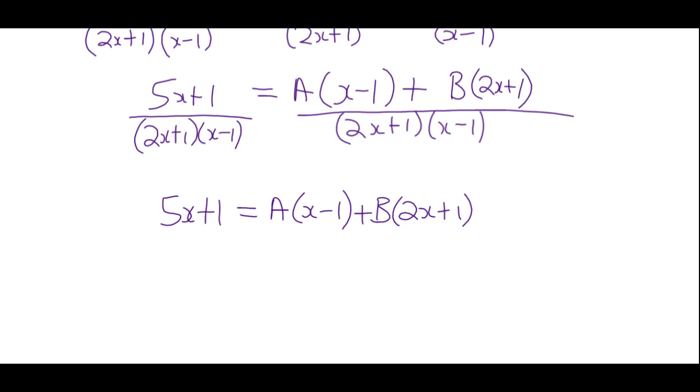Let's do this a little more formally as opposed to me waving my hands. I set x equal to 1 because I know that's going to make this 0, which means I will not have an A. I will just have a B and numbers, which is quite easily solved.